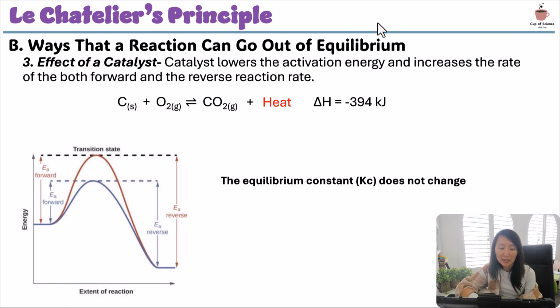Addition of a catalyst means that it's going to lower the activation energy. If I were to have a reaction like carbon and oxygen forming into carbon dioxide, and I add a catalyst, some kind of system that grabs the carbon and oxygen, puts them together, and spits it out, it also has the ability to do the reverse.